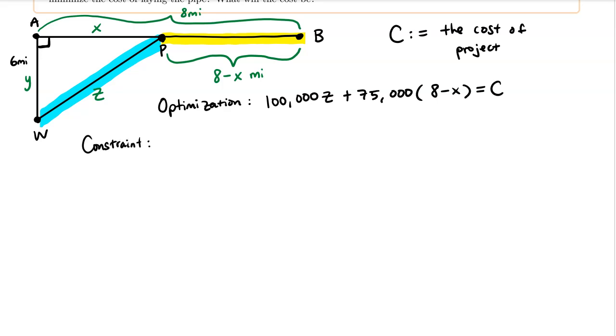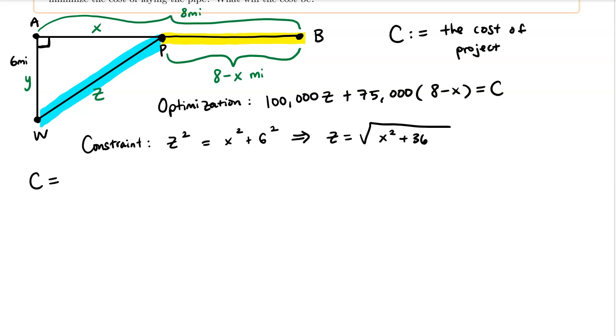My constraint is that Z squared is equal to X squared plus, and we know that the distance from A to W is a constant, 6, so Z squared is equal to X squared plus 6 squared. And if I solve this for Z, I get Z is equal to the square root of X squared plus 36.